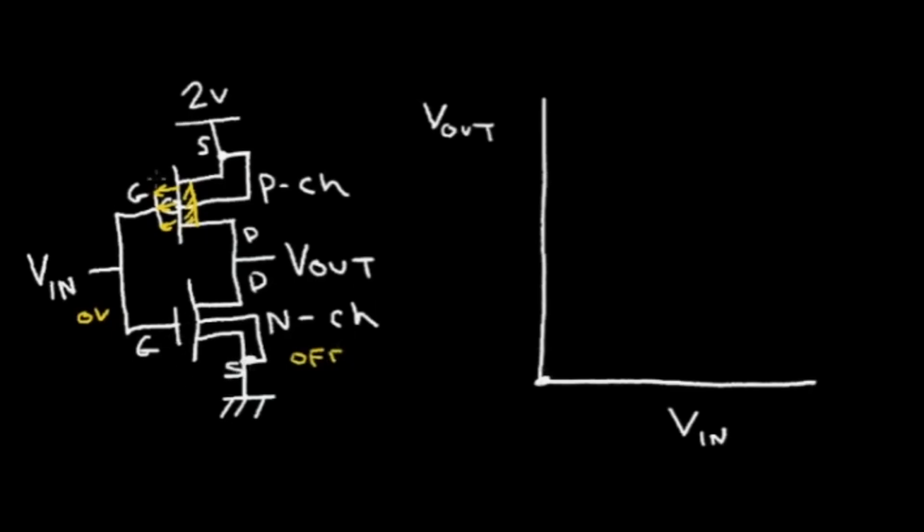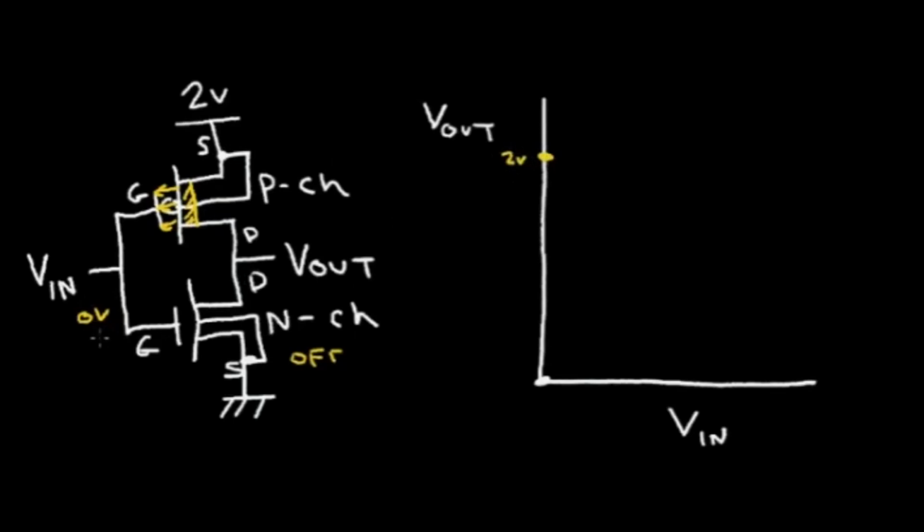So in that case, since the P channel is on and we have a resistor that connects the Vout up to the 2 volt power supply, the output voltage is sitting here at 2 volts.